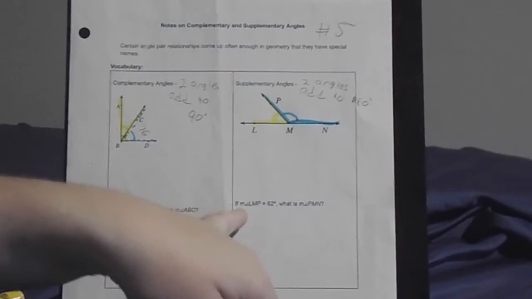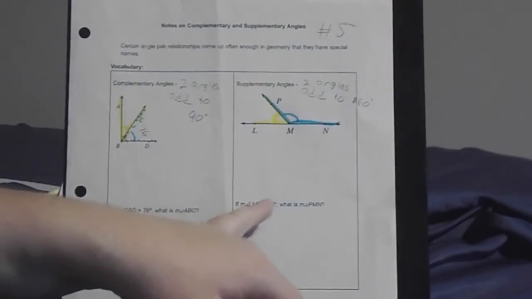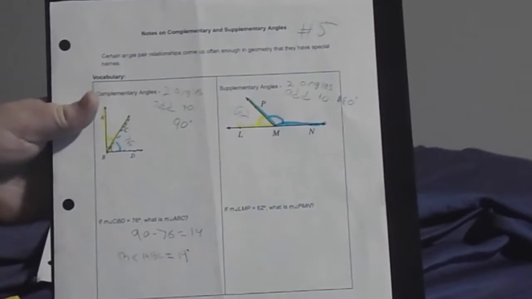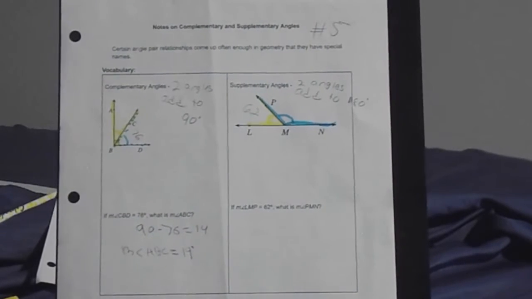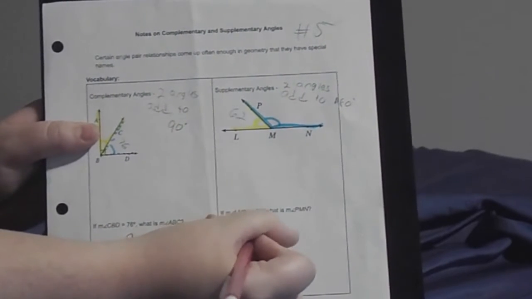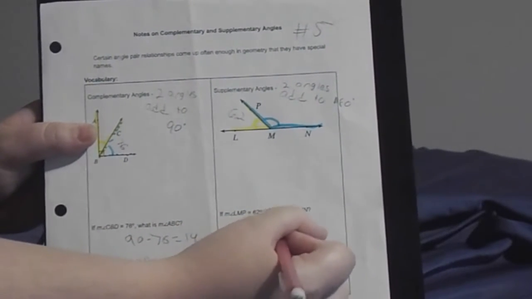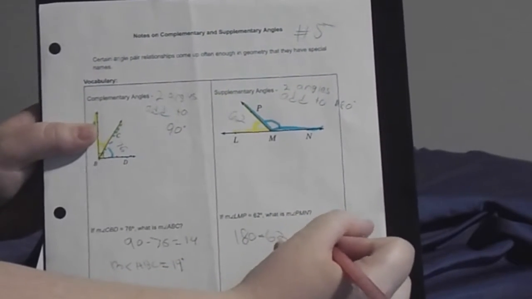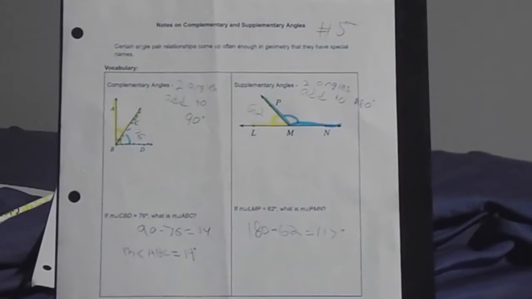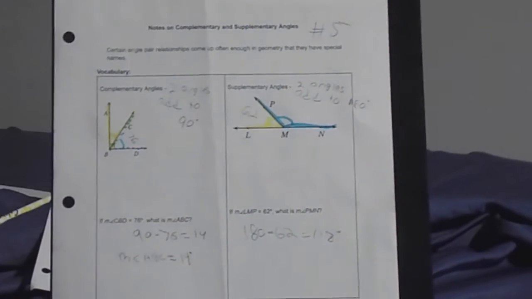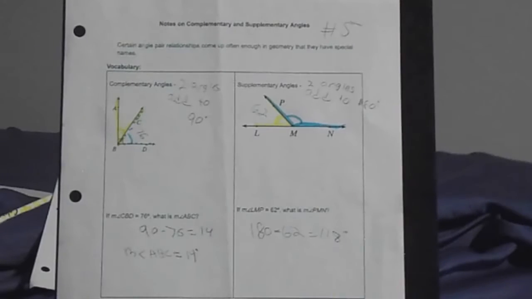So that means they're supplementary to each other. If the measure of angle LMP was 62, meaning this is 62, what does this one have to be then? What is the measure of angle PMN? Well, if together they add to 180, and the other one's 62, I subtract to figure out that it's 117, or I'm sorry, 118, that I have left.